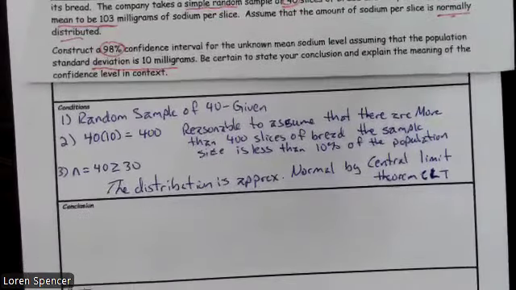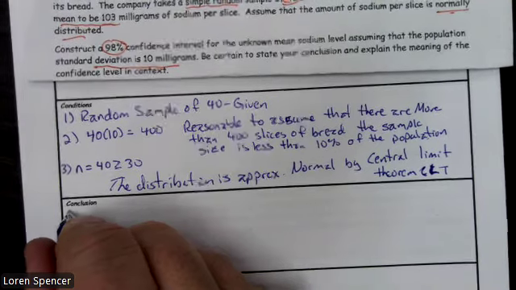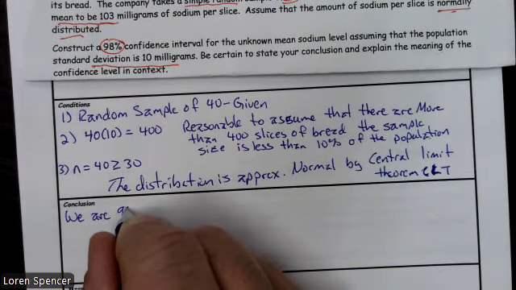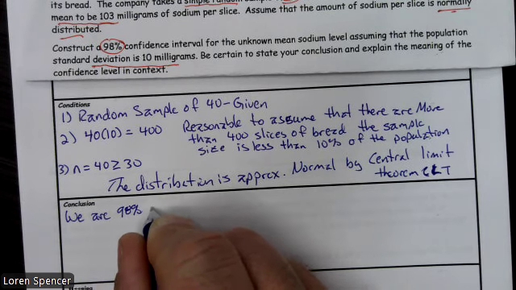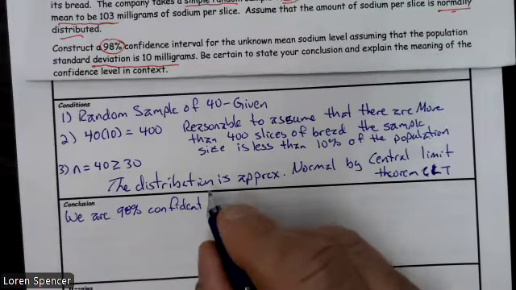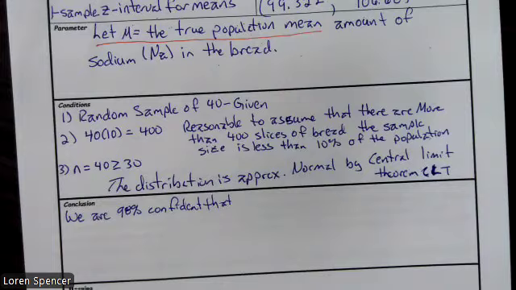So then we have our conclusion. In our conclusion, we are 98% confident that, what are we 98% confident about?